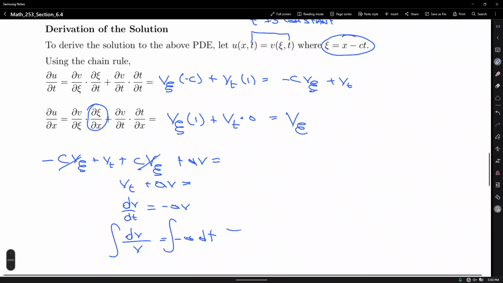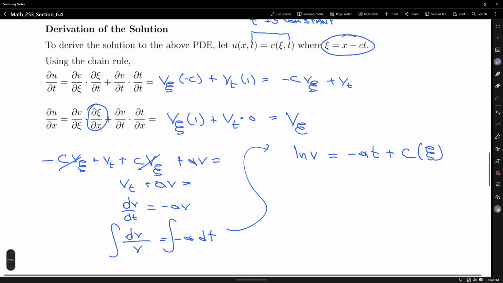Integrate. Ln of v equals negative a t plus some constant of integration. But guys, since there are really two variables involved in this problem and we're integrating with respect to t, that means that the constant is a function of the other variable, isn't it? C, in this case, c of z right here.